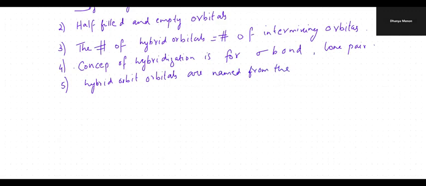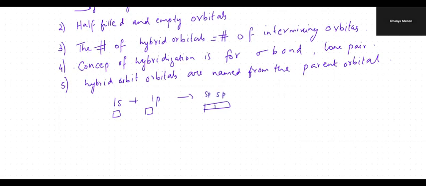For example, if one s orbital is mixing with one p, because 2 of them are mixing, we get 2 orbitals, each of them sp hybridized. 2 orbitals are mixing to give 2 hybrid orbitals.